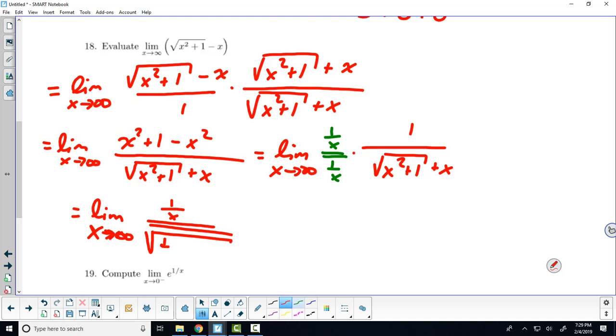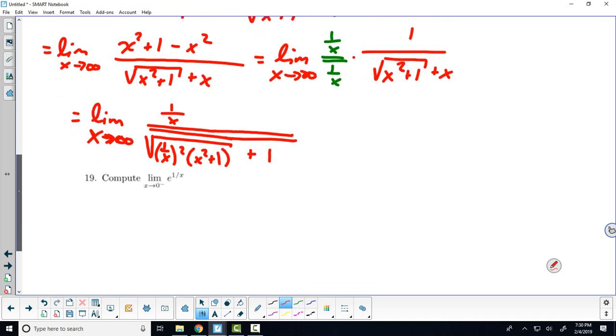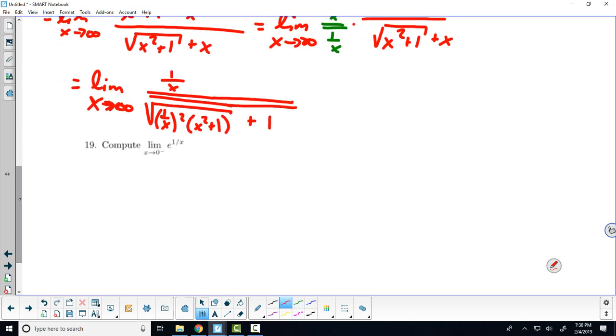I'm going to pass it in as 1 over x quantity squared times x squared plus 1, plus 1. Does everyone see what happened there?